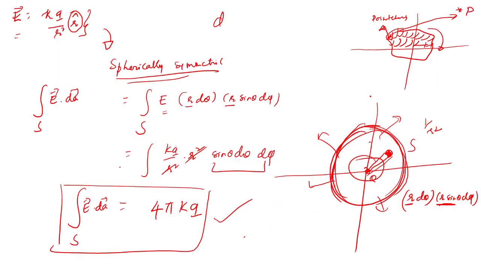We have the surface integral of E dot dA equal to 4 pi kq. But from the fundamental definition of divergence, this should be equal to the volume integral of divergence of E over a volume V.